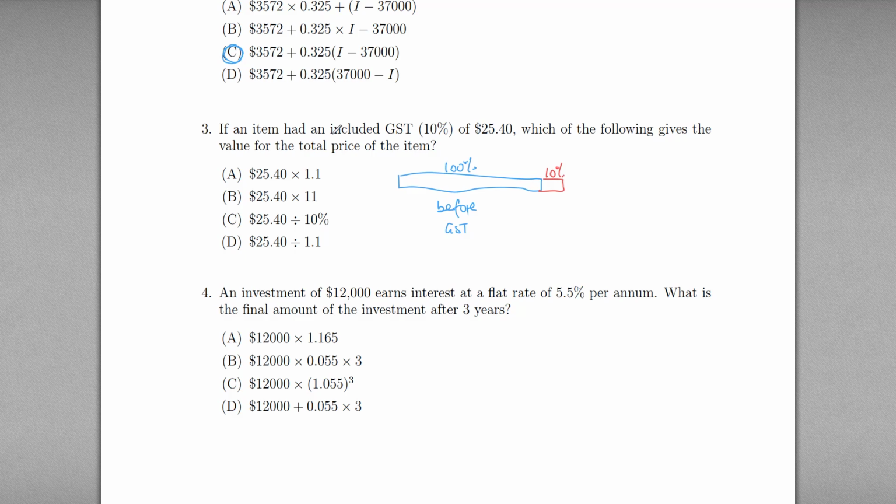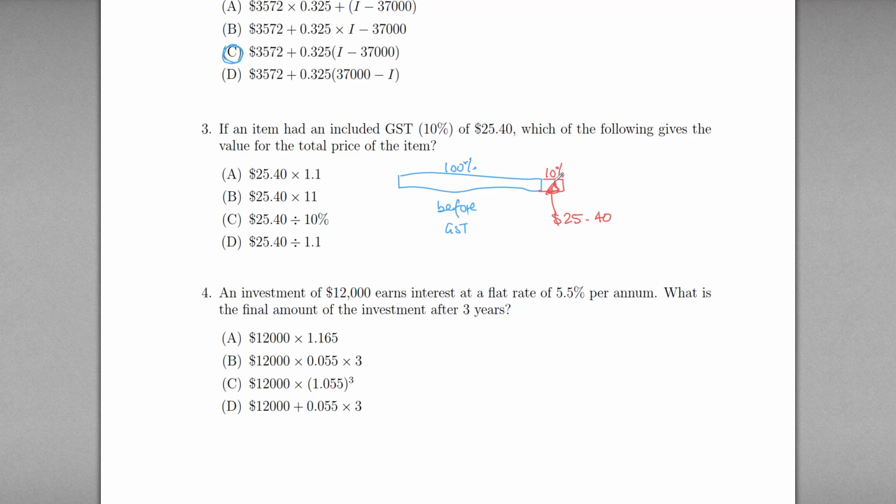And we're told that the included GST, which means just this GST component, just this red blob here, that is $25.4. Okay, so if just the red blob is 25.4, how much is the entire thing? Well, we've got to see how many of these red blobs fit into the blue one.